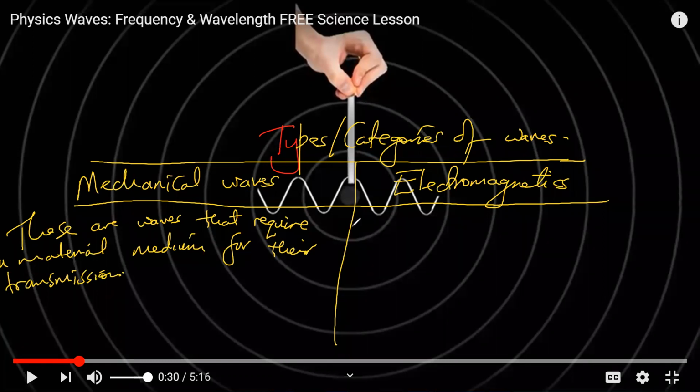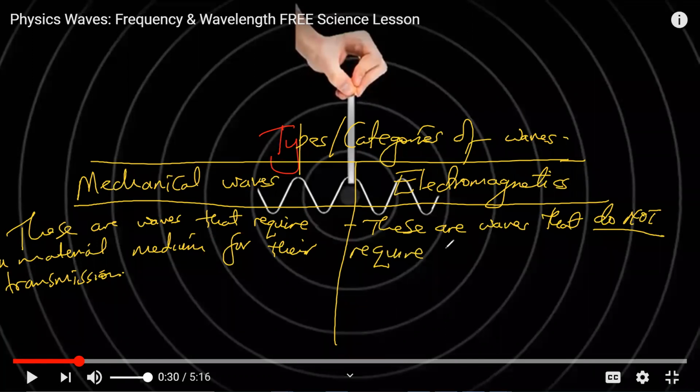And then on the other hand, electromagnetic waves are waves that do not require a material medium for their transmission.